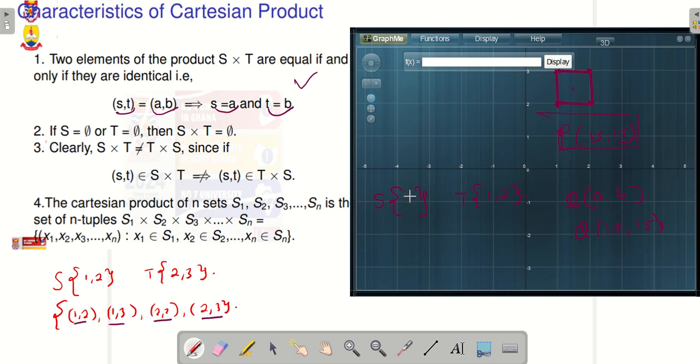There is no element in S. Therefore, you cannot plot any element in S against T. Therefore, S cross T is going to be equal to an empty set.